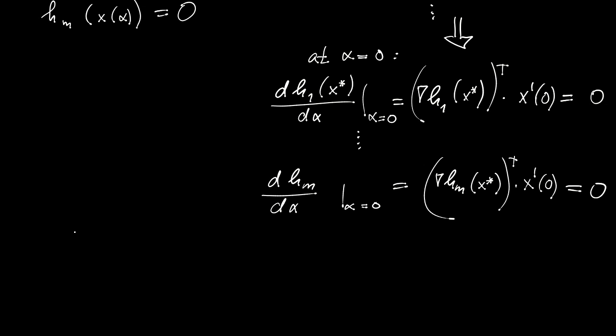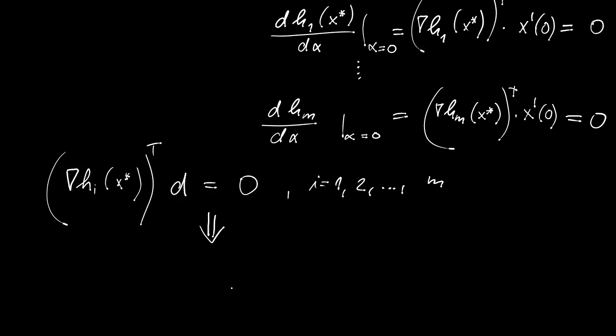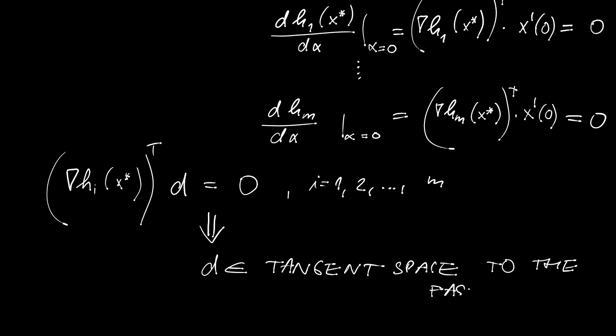Can we also make the following argument: if I consider a gradient of hi at the stationary point, and now I find some vector d that is orthogonal to all the gradients of h, like 1, 2, up to m, can I conclude from this that d belongs to the tangent space to the feasibility set?